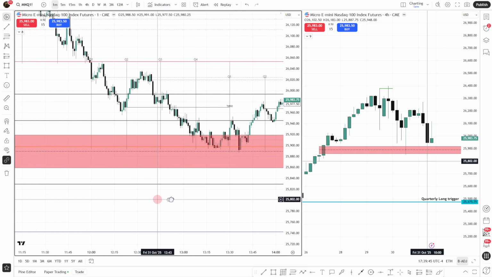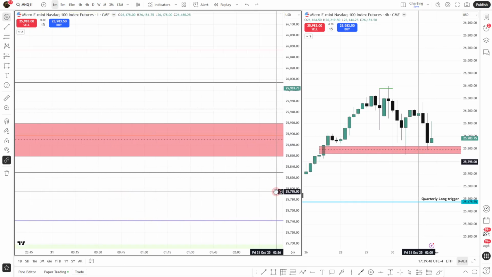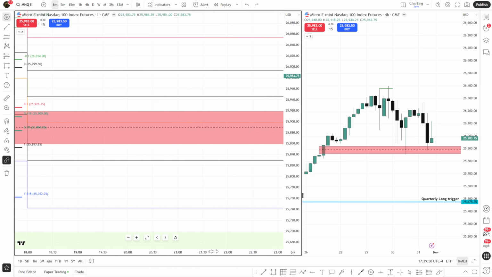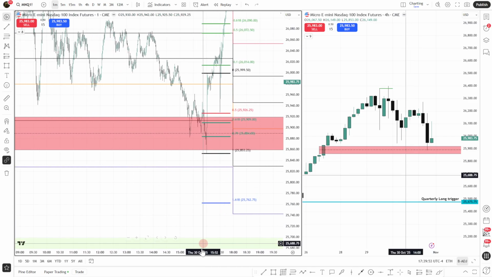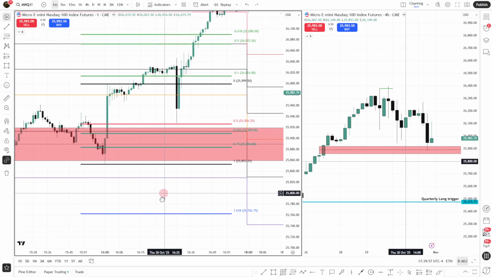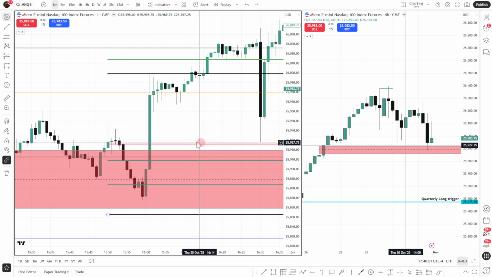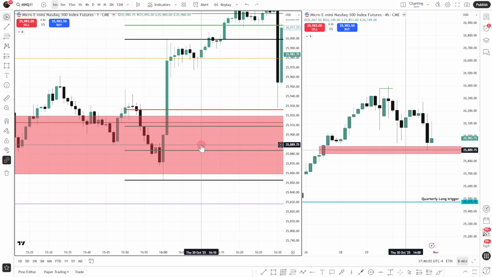So if we come all the way across here to this previous day, what happened on the 1 minute chart? Well, look where price closed at with the candle body. It balanced. It finished balancing this from way back here.